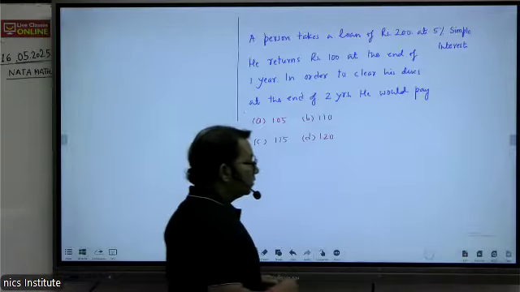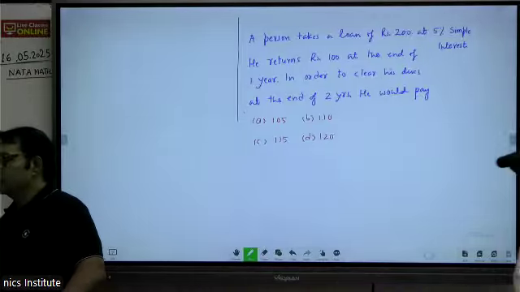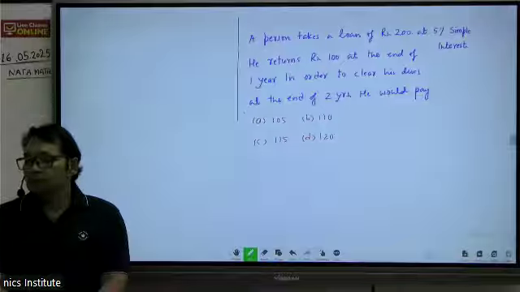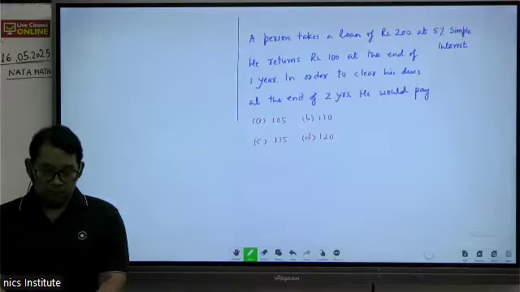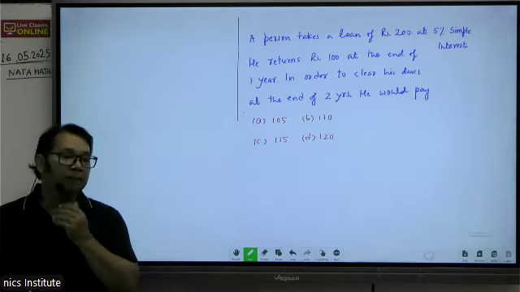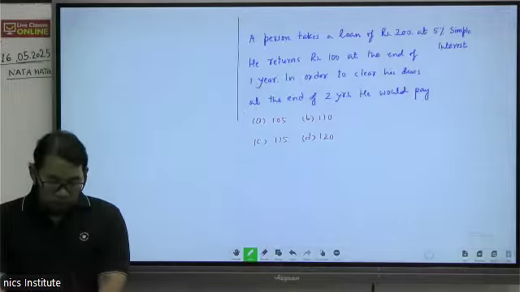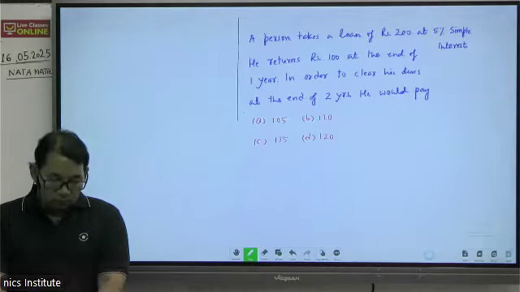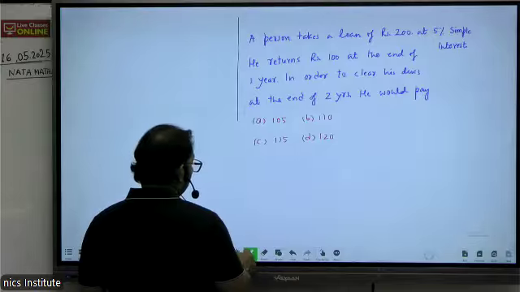In simple interest, you calculate interest only on the principal. He has taken a loan of 200 rupees.